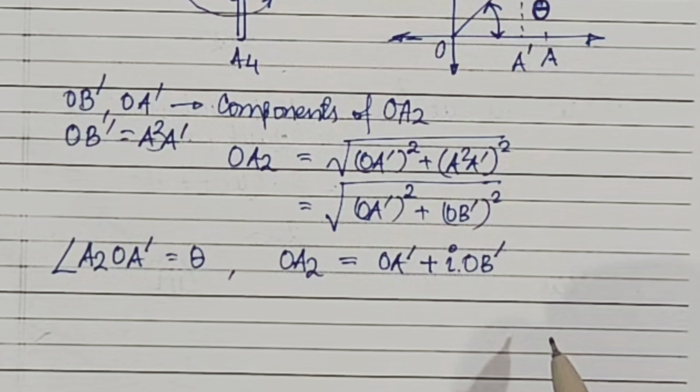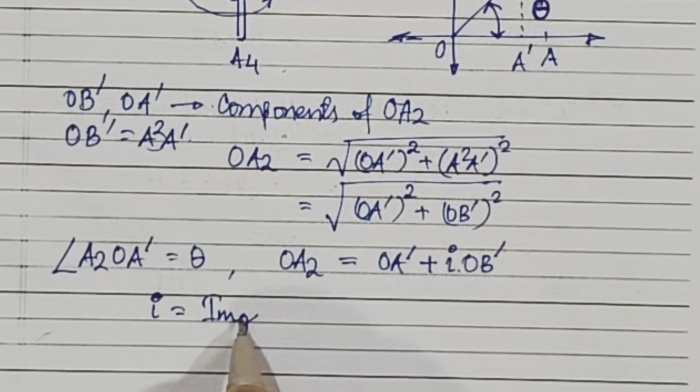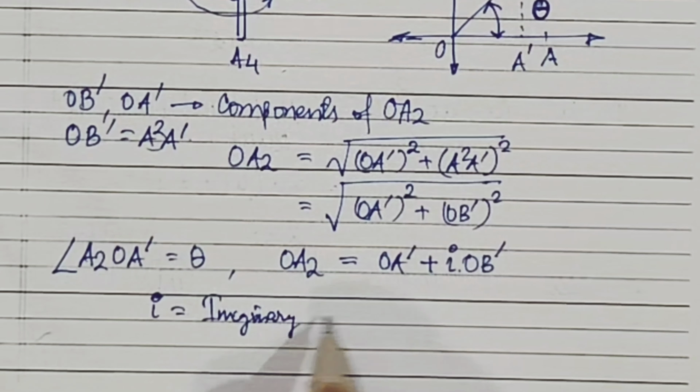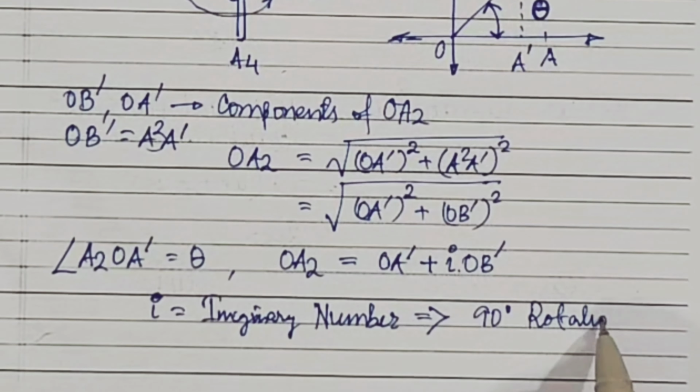So i, the imaginary number, is introduced here. So i, or this imaginary number, is nothing but indicating an angular rotation of 90 degrees. So i, remember this, this imaginary number, is equivalent to 90 degree rotation.